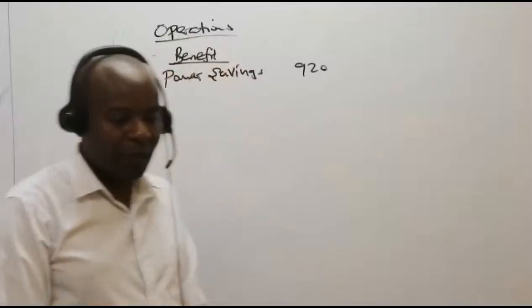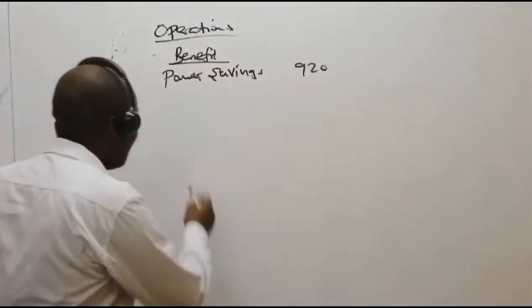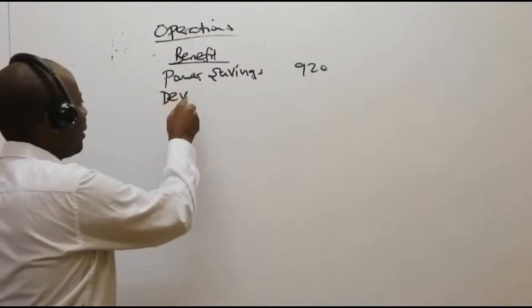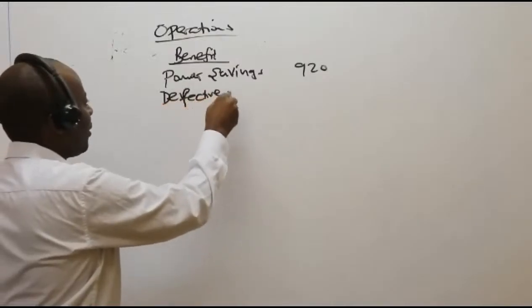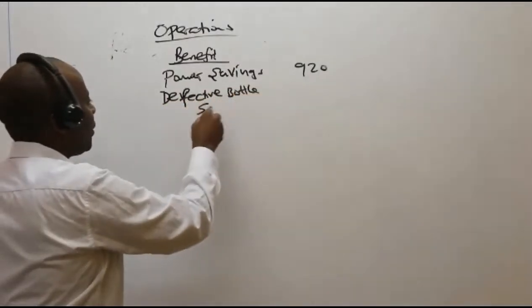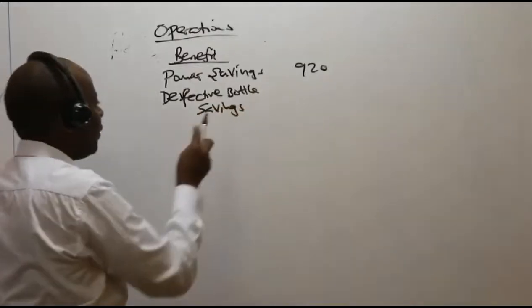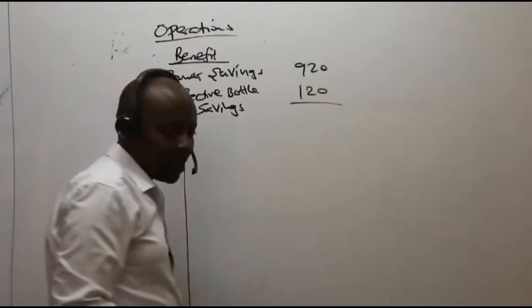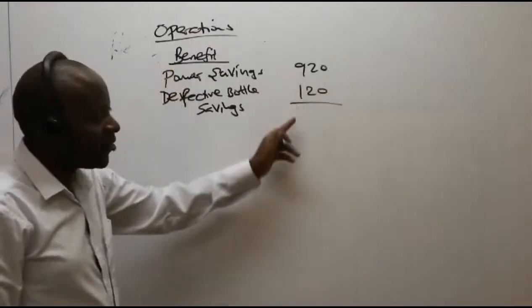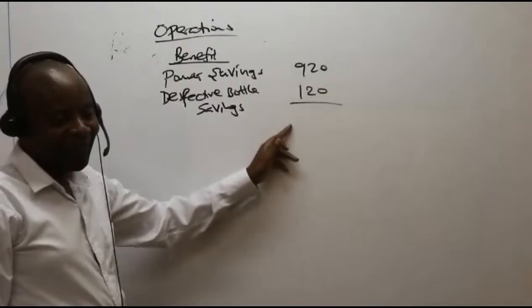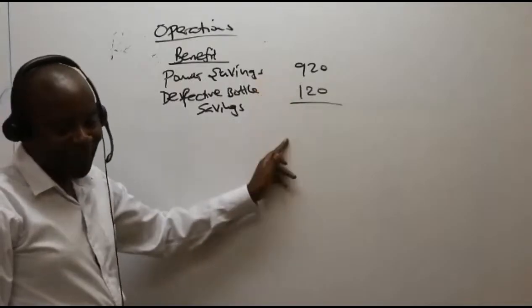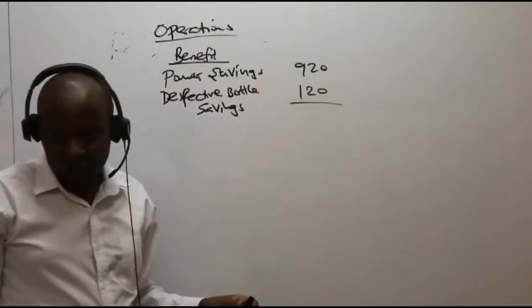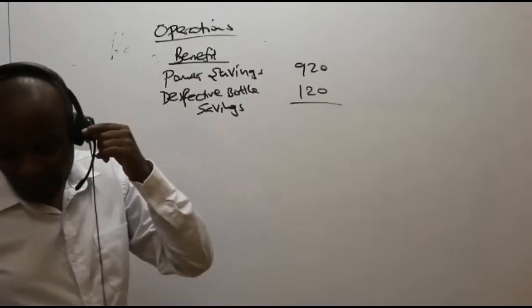So we have here defective bottle savings over a total of 120. Kindly give me this total. What are we able to get there?